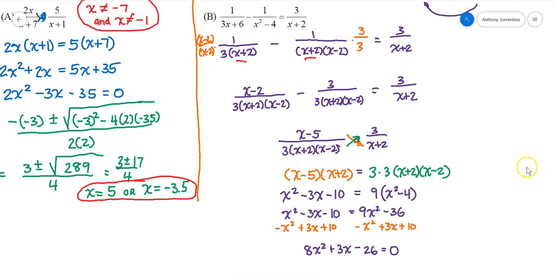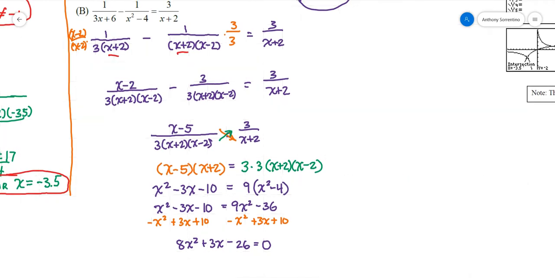So again, give myself a little bit more room here. With the quadratic formula, I'm going to say x is going to equal negative 3 plus or minus the square root of 3 squared, which is 9, minus 4 times a, which is 8, times c, which is negative 26, all over 2 times 8, which is 16.